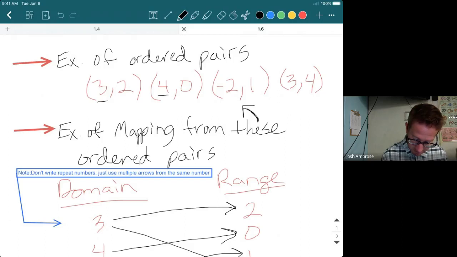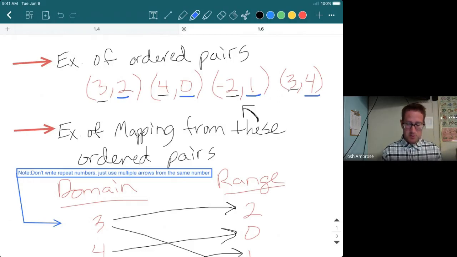So this is what you would say for the domains: 3, 4, -2, and there's another 3, okay? Then if I said, what are the ranges? Everything that I'm underlining in blue, these are the y values. These are the ranges: 2, 0, 1, and 4. Okay, so that's a quick review.